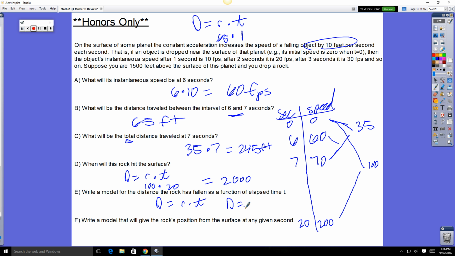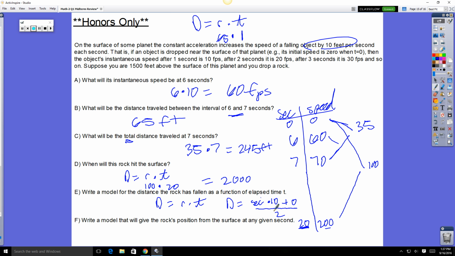Whatever your time is in seconds, we just took 20 and we got 200. So you take the seconds and you times it by 10. Now that's its instantaneous speed. You want the instantaneous speed and go all the way back to 0, so add it to the speed of 0 and then find the average of those two.